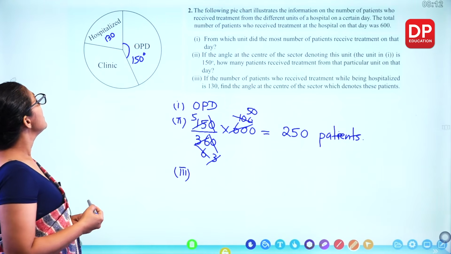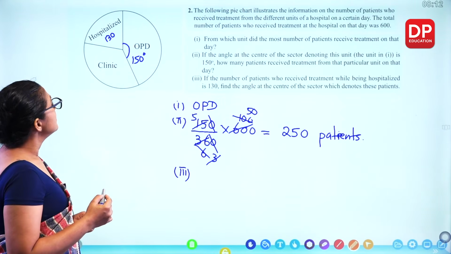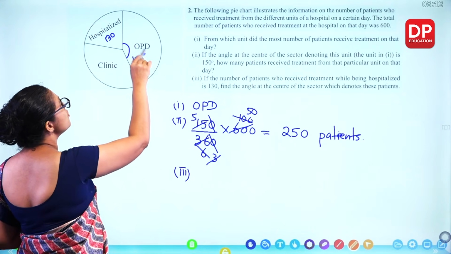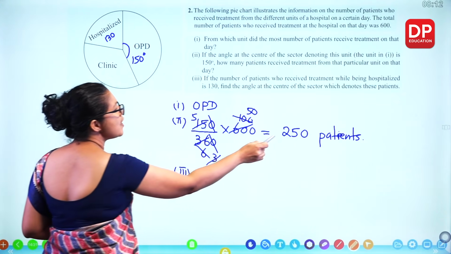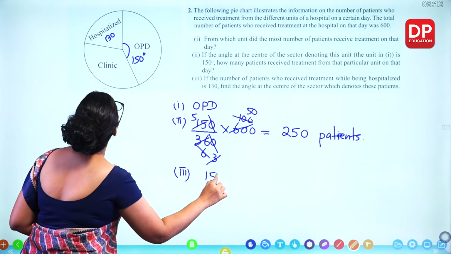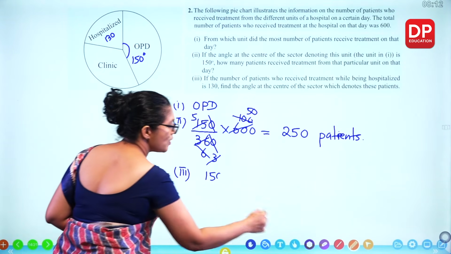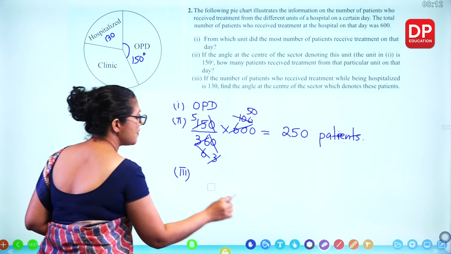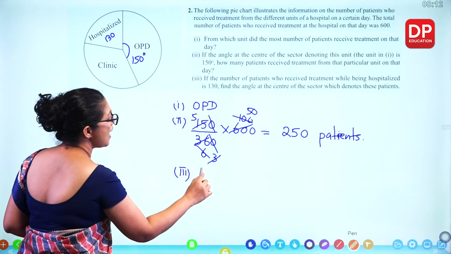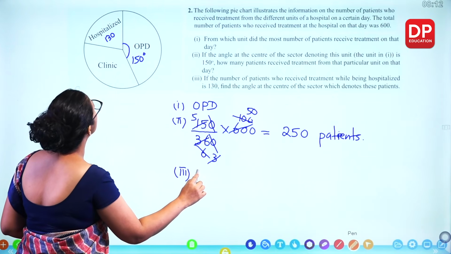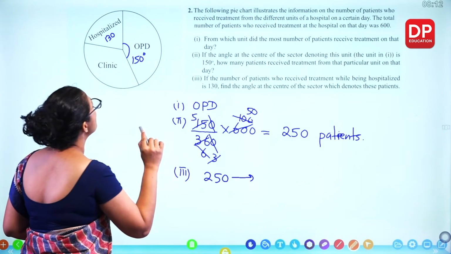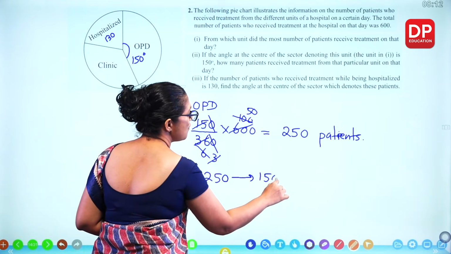So here first we can see, using this one, we know 250 patients for 150 degrees. So we'll write it the other way around. What's the angle? 150. It's 250. So 250 patients representing 150 degrees.